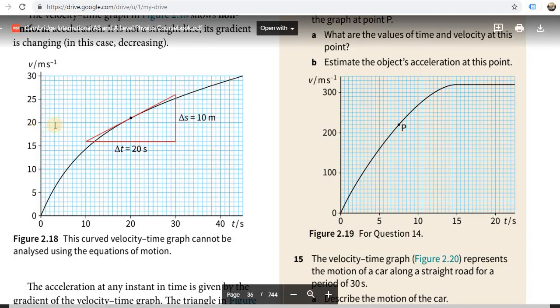So what you can do is you draw a horizontal line like that, so that the area over here is equal to the area over here. The area above the line, between the line and the curve, is equal to the area below the line, to the left of the curve. So if, let's say, you draw a horizontal line where it says 20 meters per second, then the area above that line is equal to the area to the left of this curve and to the right of the y-axis.